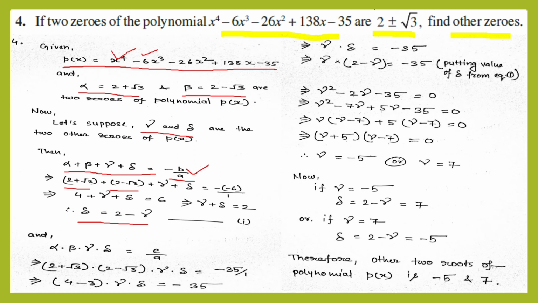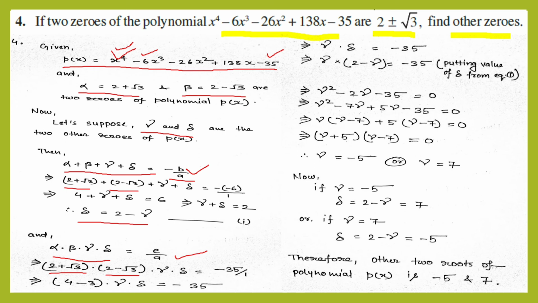In the second relationship, the product of the roots is equal to e by a in a quartic polynomial. So we can write alpha into beta into gamma into delta equal to e by a. We know the value of alpha and beta, so we'll put those values over here. Value of e is the constant term in the given polynomial, and a is the coefficient of x to the power 4.